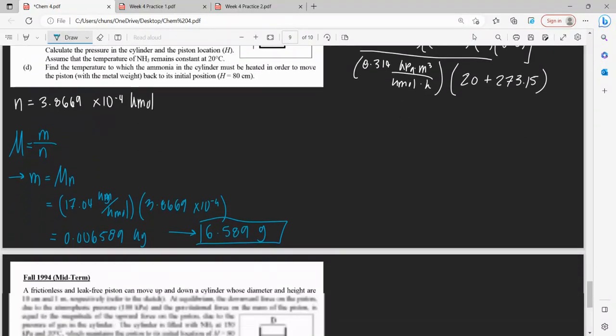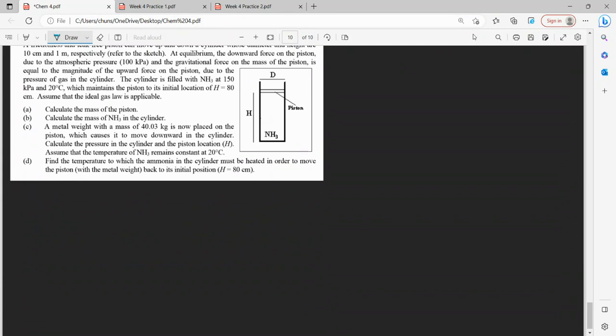So moving on to our last part, I'm going to skip C for now, but if you guys would like to try it on your own, our answer is 60 centimeters, right? So I'll give you a rundown of C. C is like saying we have our atmospheric pressure, we have the weight, and now we're adding another downward force from our new weight.